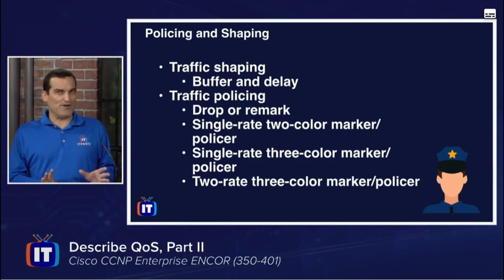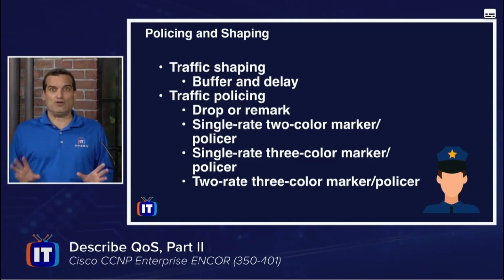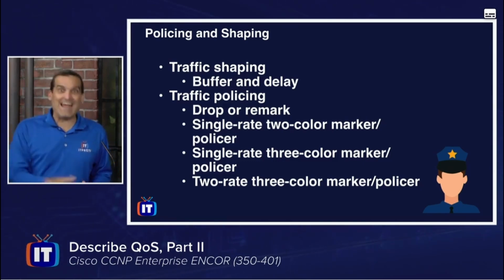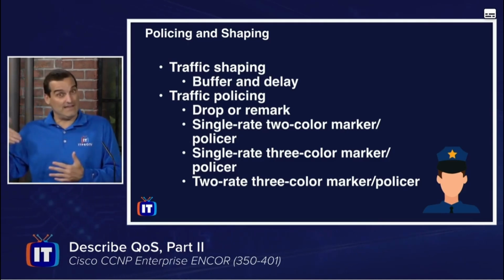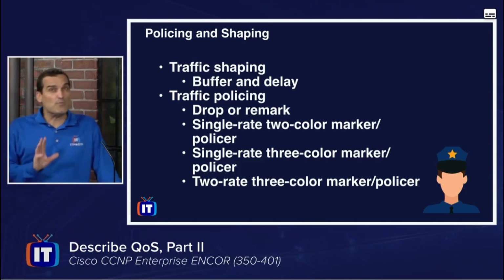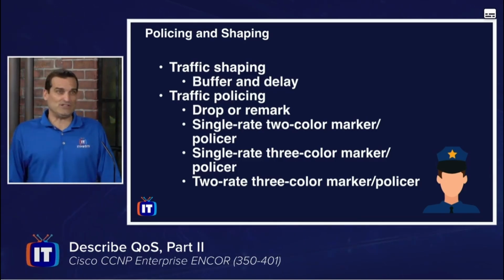You could remark it. So you could say, oh, I see you're assured forwarding 11. We're going to mark you down, and then the idea there is the next hop will punish the traffic that has that reduced marking. But the most common policing configuration is to drop excess traffic.